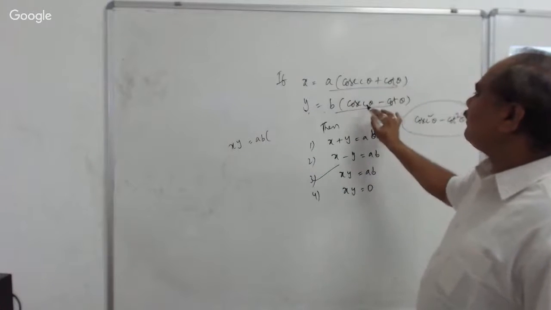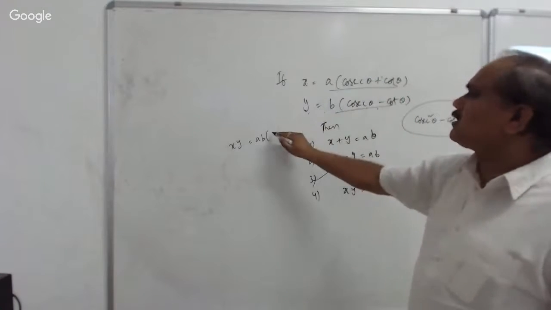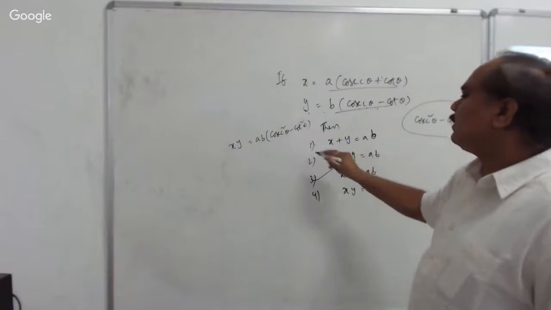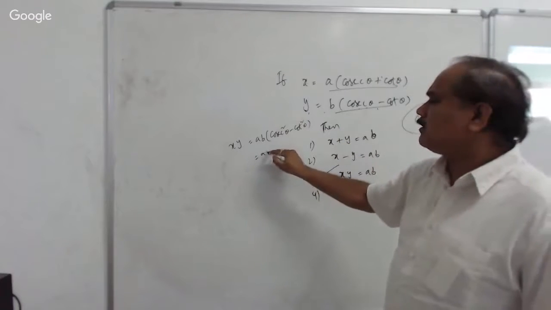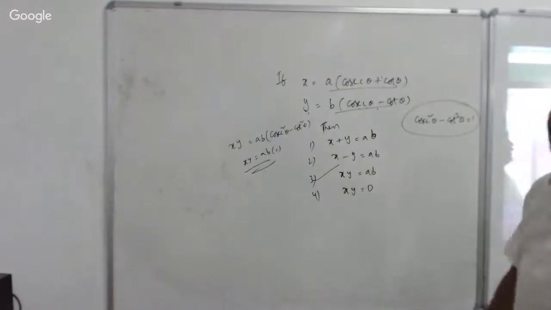It is of the form (A plus B)(A minus B), so A square minus B square, that is cosec square theta minus cot square theta, which is 1. So ab into 1. The answer is the third option.